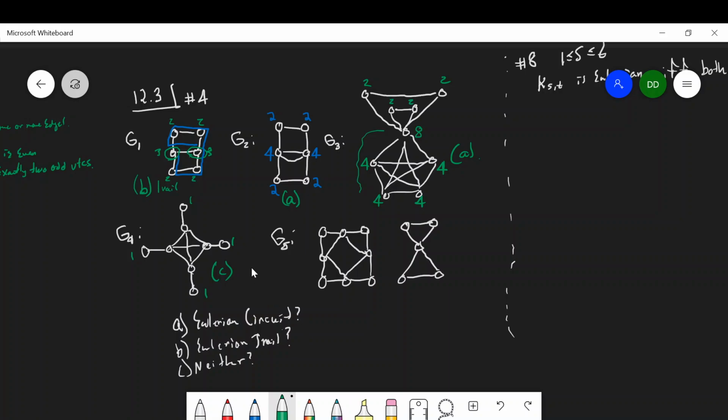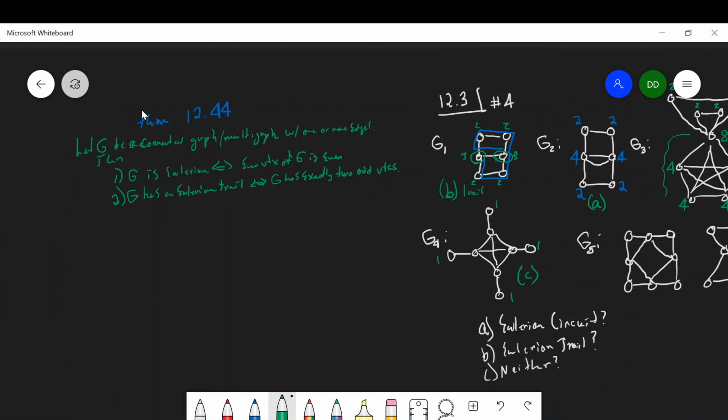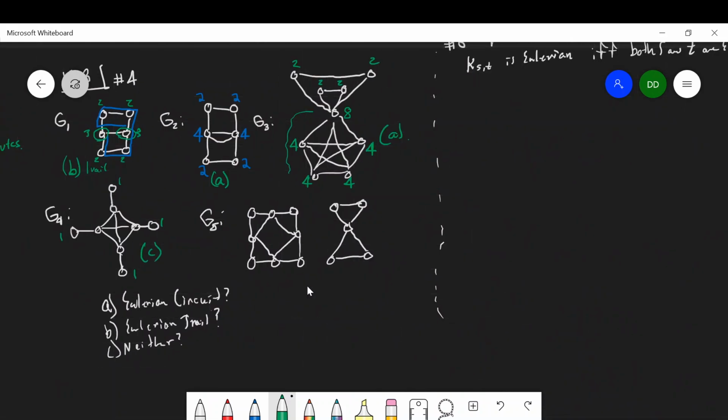G5, we can't actually apply this theorem to G5 because the hypothesis of this theorem is that G is a connected graph or multigraph. Here, G5 is not connected. Remember that in a trail or a circuit, any 2 vertices next to each other have to be adjacent. And so there's no way to get an Eulerian circuit or an Eulerian trail out of this graph because it's not connected.